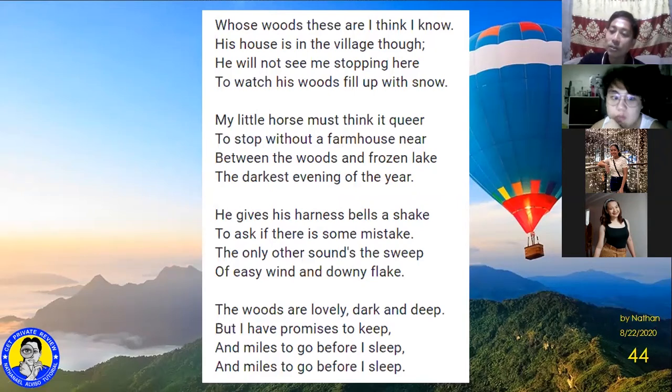The woods, if you can imagine, in a forest there are a lot of leaves that the sunlight finds hard to penetrate through the foliage. That's why it's very dark in a forest. So that's what it means. It's a very beautiful sight. Lush, lovely, dark, and deep forest.